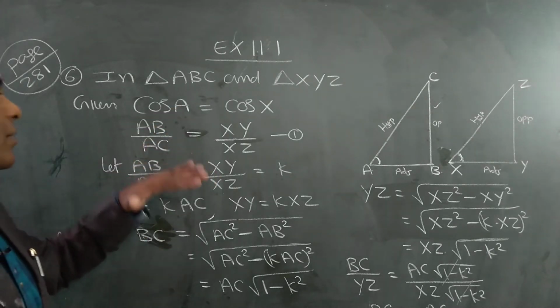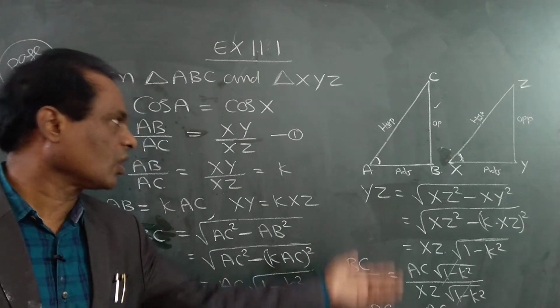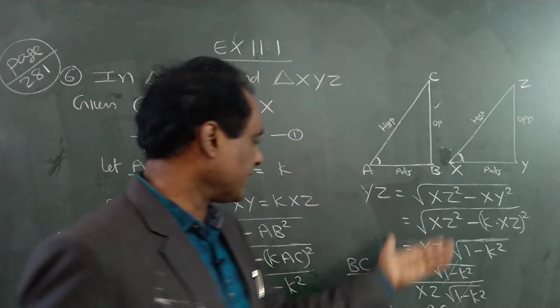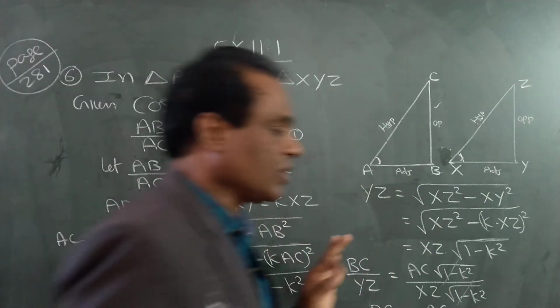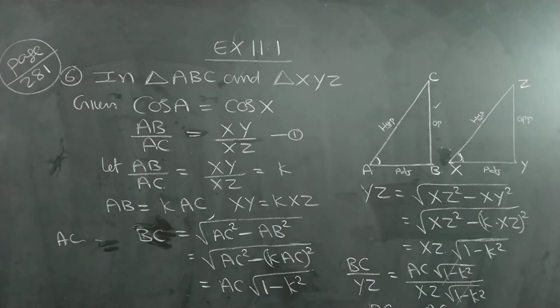Neatly, step by step, you understand and draw these two triangles also and write all the steps. And if you are not following, again you can put the question number in the chat box, and if you are understanding, okay, understood. Otherwise, not understood also you can write.